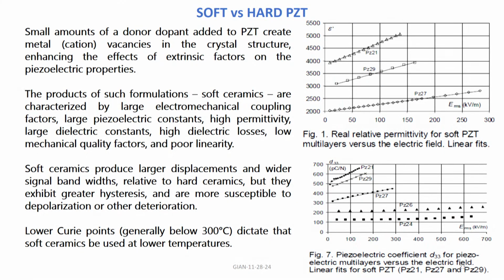Depending on what exactly you want, you can substitute different ions into PZT and make either soft PZT or hard PZT. Soft PZTs are defined by a very high dielectric constant, a high d33, and rather low Curie temperature, whereas hard PZTs have much lower dielectric constant and smaller d33, but they have higher Curie temperature.